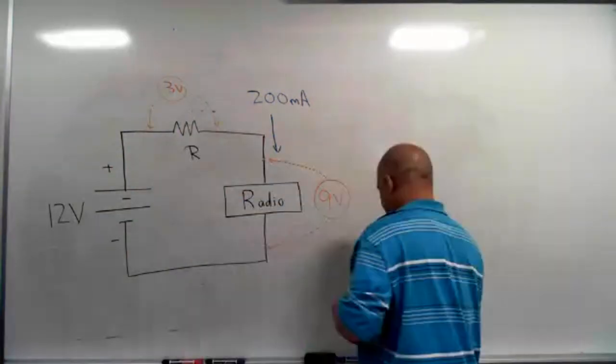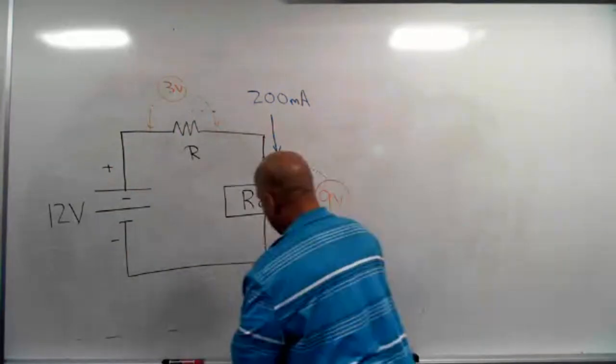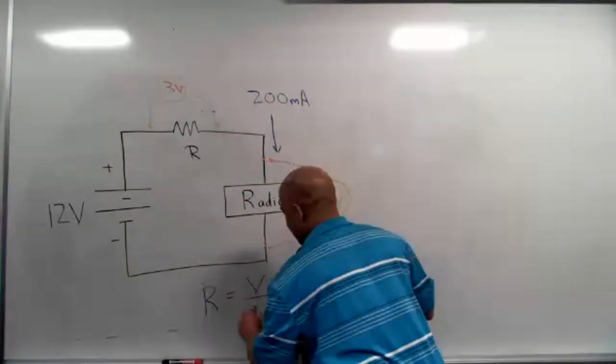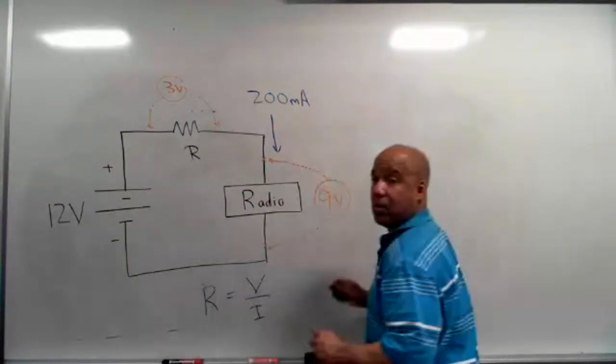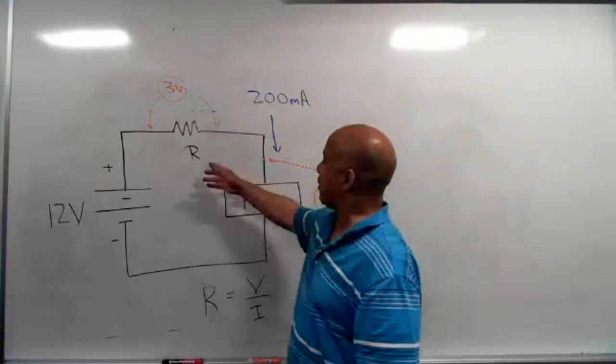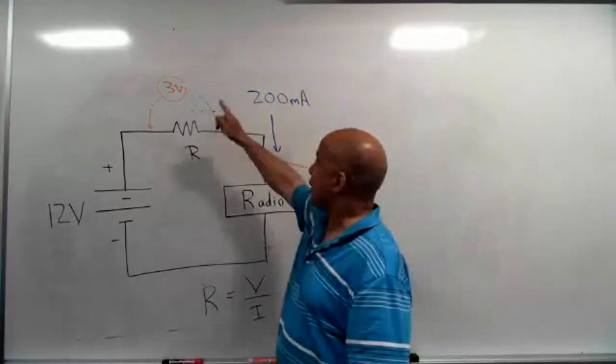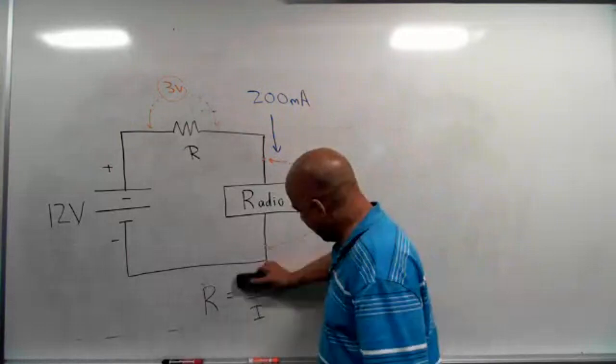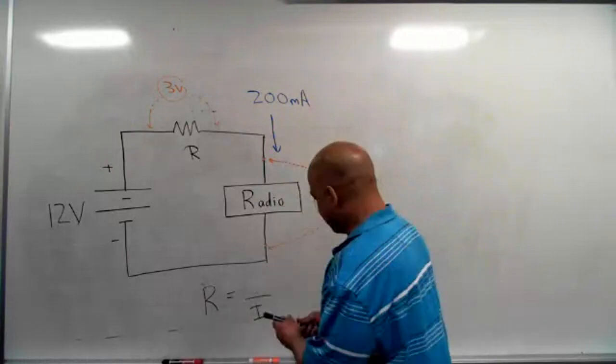Now remember, to get resistance, Ohm's law says that resistance equals voltage divided by current. But look at what I know. I know that for this circuit to work properly, that voltage drop needs to be 3 volts. So I can say that's going to be 3 volts.